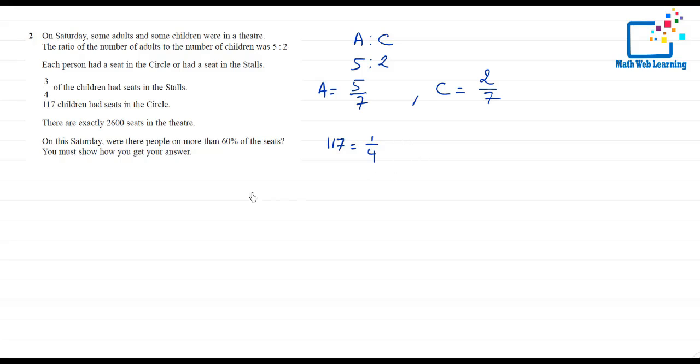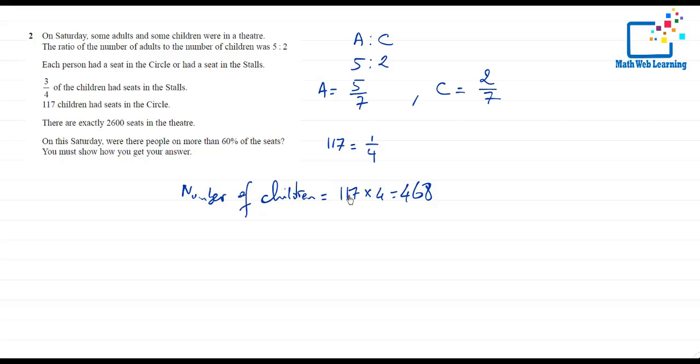So basically we're saying the total number of children is equal to 117 times 4. Now that would give me 468.